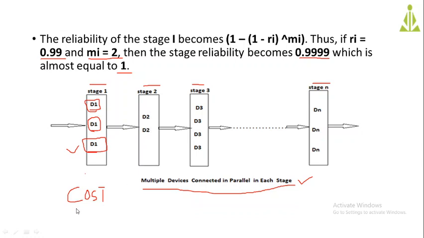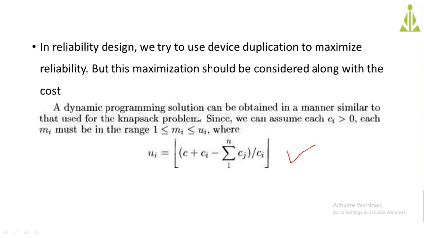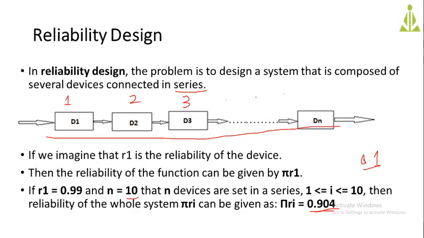In these two devices, if any one is not working, then we must select the other device. From these four devices, it will select any one working device from stage 3. So this is dynamic programming. I hope you understand this. Definitely this question will come, at least for 2 marks.